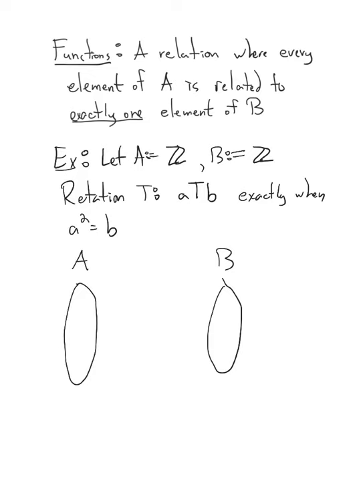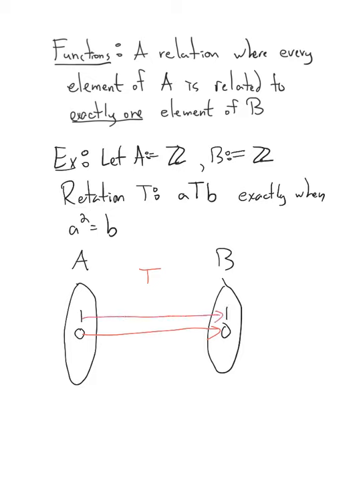So let's take the element 0, for example. So 0, well, what's that related to? Well, 0 squared is also 0. So under this relation T, 0 is related to 0. What about 1? Well, 1 squared is 1, so 1 is related to 1.